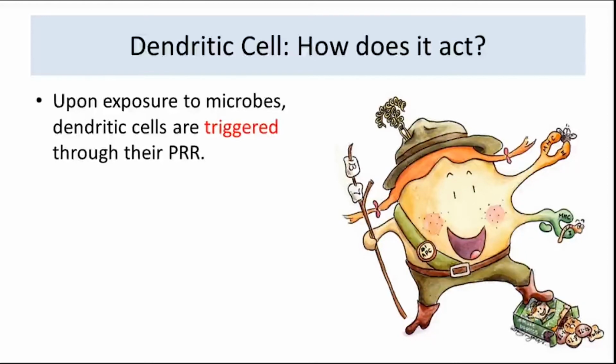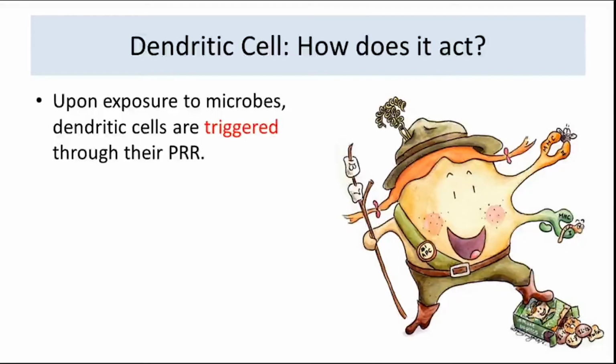It may be the food, the gastrointestinal system, the respiratory system, the skin, or the joints, where an external pathogen or antigen may invade because of a trauma on the skin or at the joint. So dendritic cells are part of the innate immune system circulating everywhere in the body.